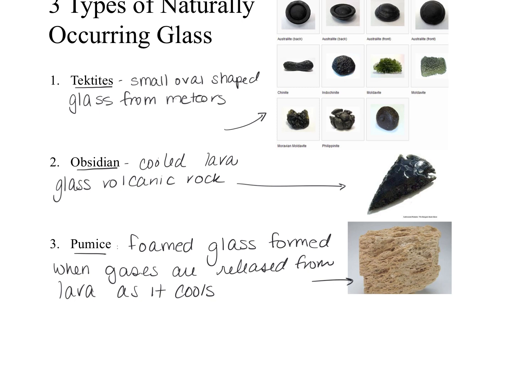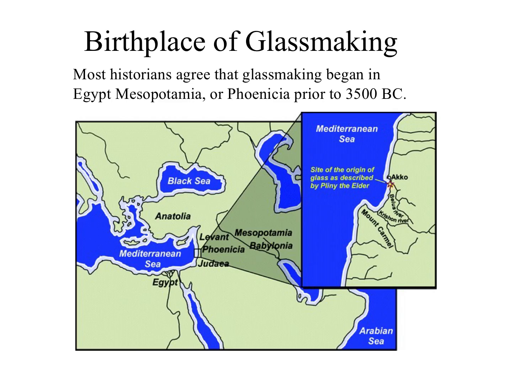So let's talk about the discovery of glass. Most historians agree that glass making began in Egypt, and there should be a comma here, so let's put that in. Mesopotamia or Phoenicia, prior to 3500 BC. So Phoenicia is here.